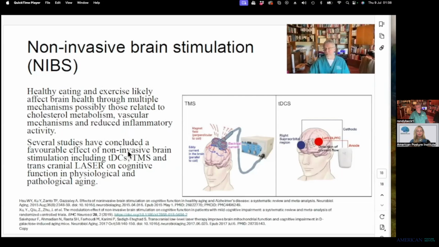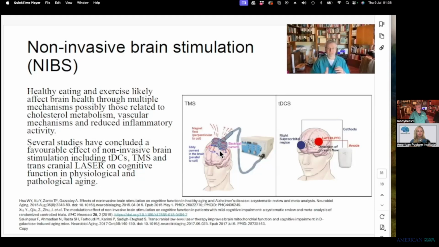And most of these modalities will, so for instance, we have TMS, transcranial magnetic stimulation, and transcranial direct current stimulation. Now, the transcranial direct current stimulation and the transcranial magnetic stimulation work on the same areas of the brain, and that those are the synapses, but they do it in different ways.